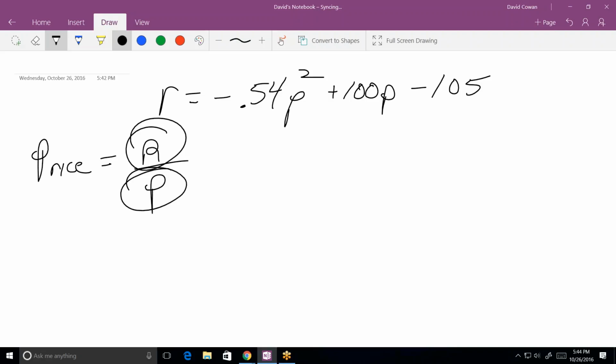But again, you have to use minus b over 2a to get the p-value. I think it ends up being like 92. I have to calculate it again. Yes, it is about 92. 100 divided by 1.08. But that's p. What r is equal to, I don't know. You're going to have to plug in that p up here and come up with a value. Yeah.